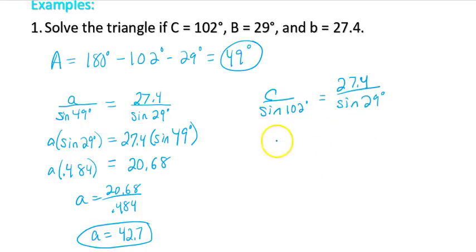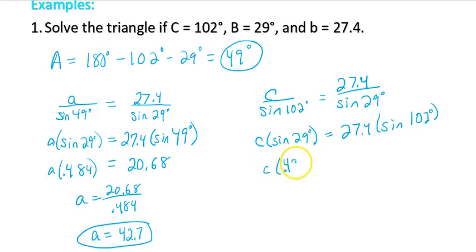And again, cross multiply, so C times the sine of 29 equals 27.4 times the sine of 102. And type that in, I get C times 0.484, and this side over here is 26.8, and then I just divide by that 0.484.